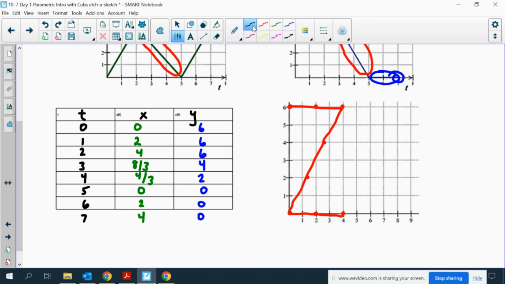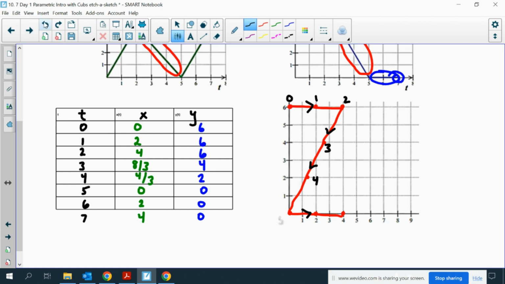If we want to be clearer on what's happening, we can give some arrows to help us understand where our parameter is moving the letter. This would be at time 0, 1, 2, 3, 4, 5, 6, and 7.